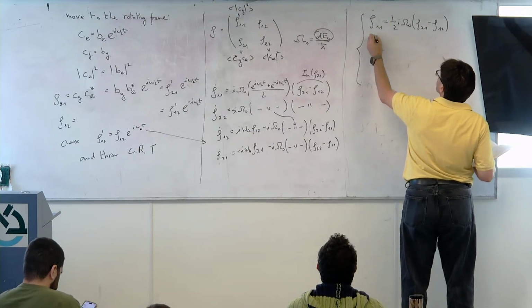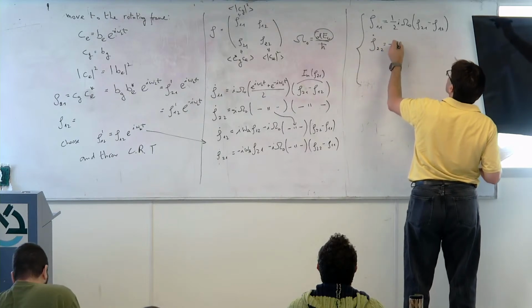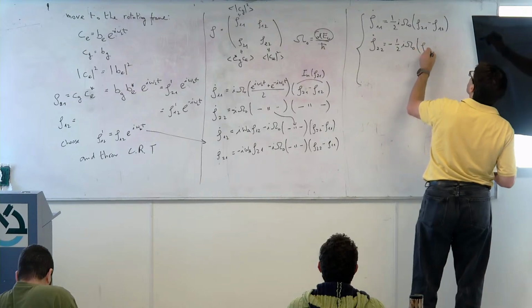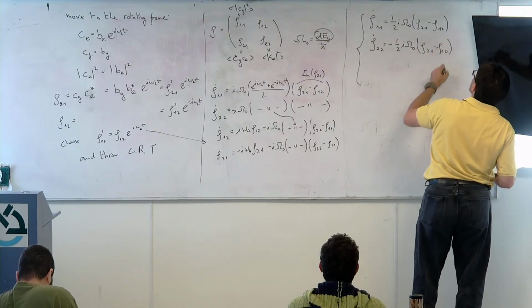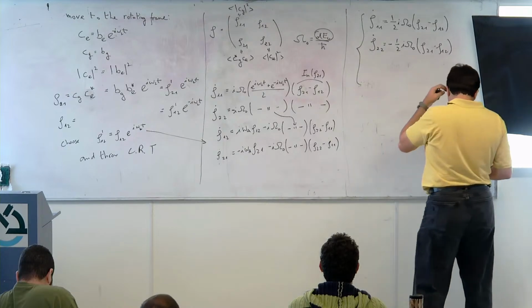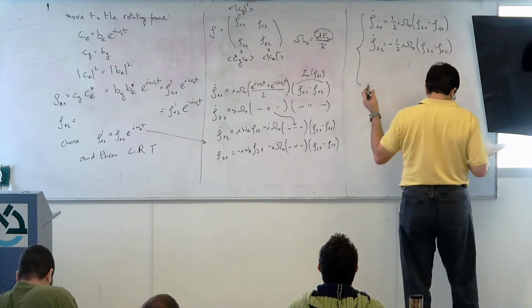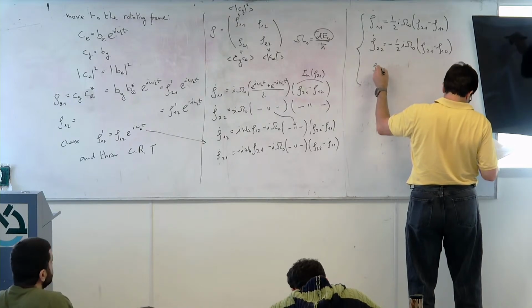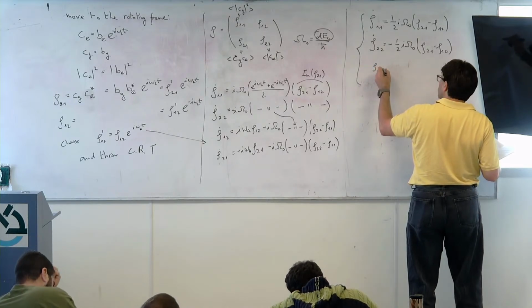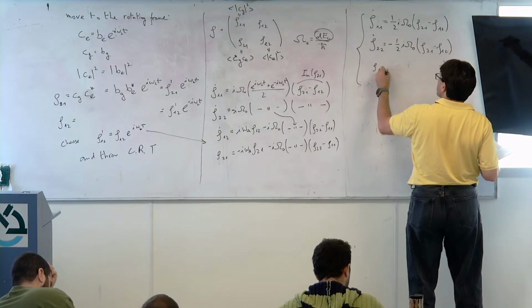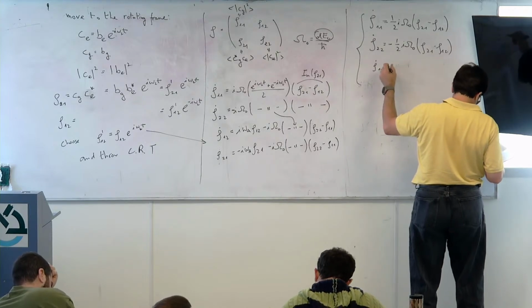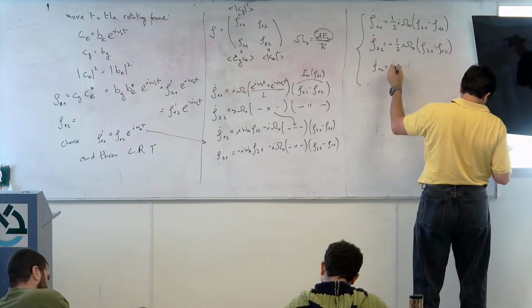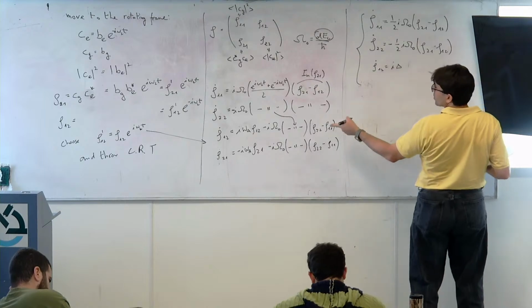rho 2, 2 equals the same thing with a minus sign. What did I write there?